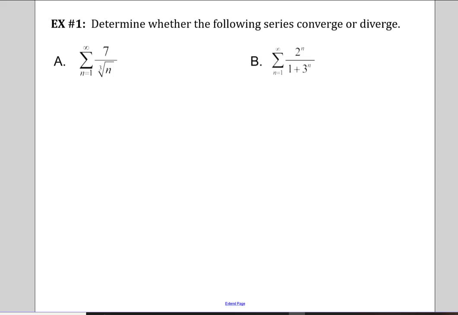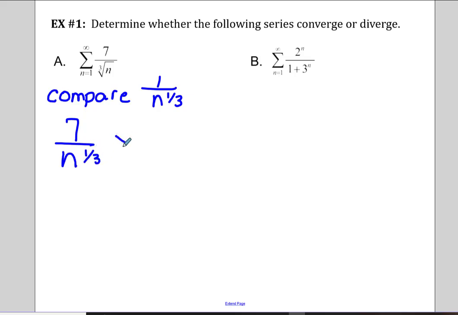So let's determine whether the following series converge or diverge. In example A, we're going to compare this to 1 over n to the 1/3 power. So let's use the smaller value, 1 over n to the 1/3 power, because this is my smaller one. And 7 over n to the 1/3 is going to be greater than 1 over n to the 1/3 for all n greater than 1.